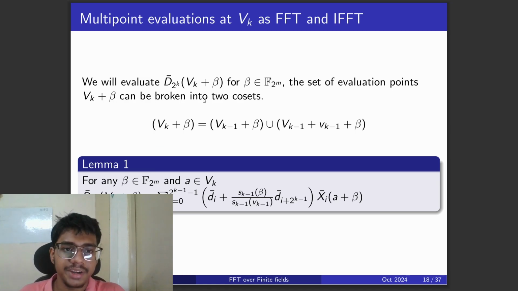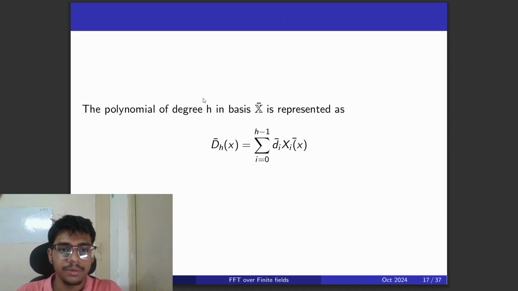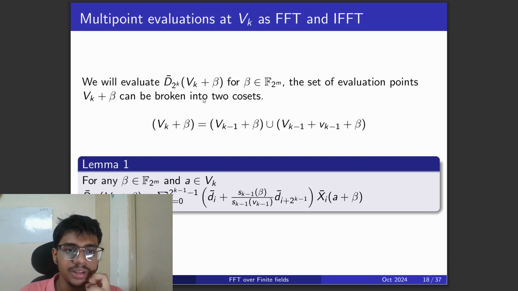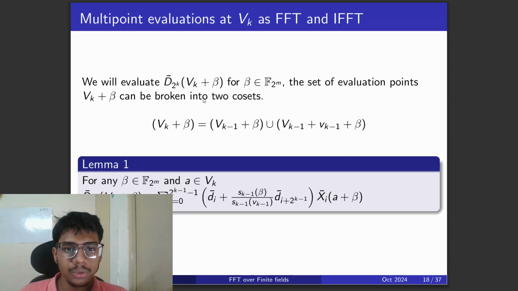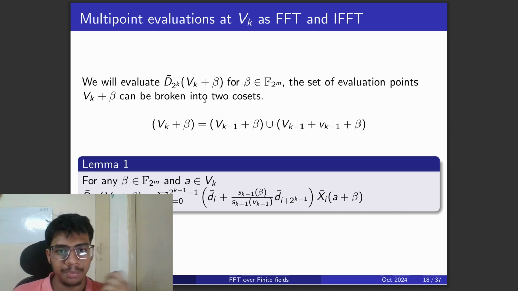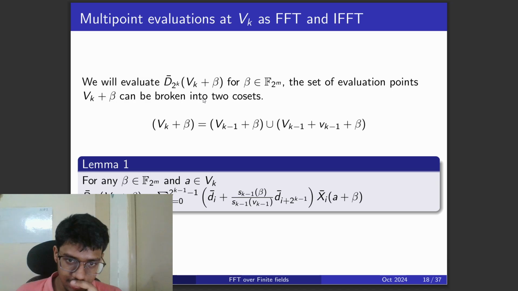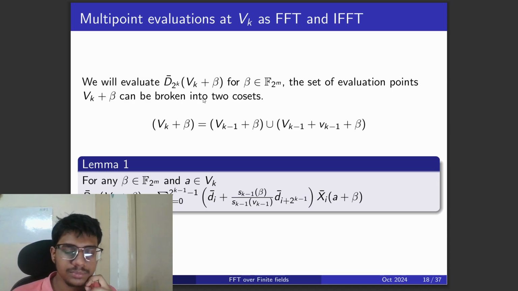So we will start with a polynomial of degree h in basis x bar. We will work only on dimension 2 to the power of k. I also have an additional point which I'll call beta, which is again a part of our field of dimension 2 to the power of n.